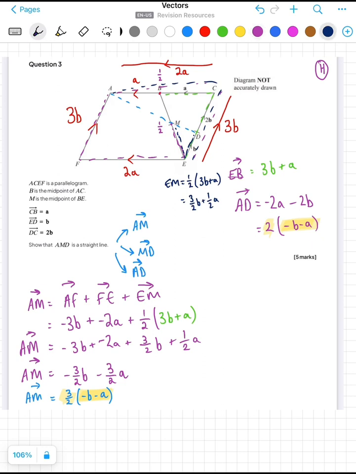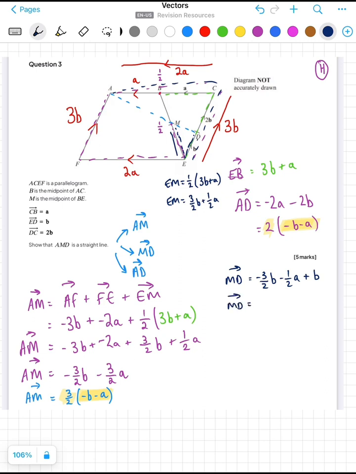So M to D, we don't need to do this final step to get the 5 marks. The 5 marks has been done already, but we're just going to prove if you wanted to find M to D instead of A to D, how it would work. So M to D is M to E, so E to M was 3 over 2b plus a half a, so we're going to change those signs because it's the opposite direction. And then we go E to D, so plus b.